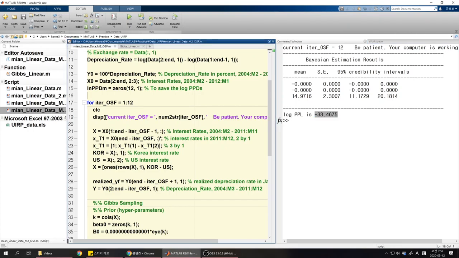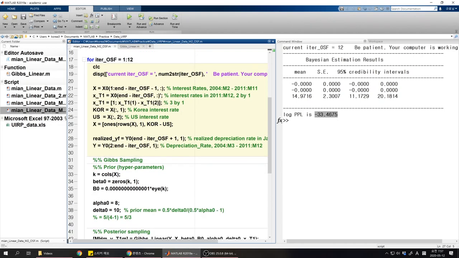So you can see that in forecasting the depreciation rate or exchange rate, the performance of models 1 and 2 is very similar to this very ad hoc model, right? In this model there are no regressors. So even if you use the interest rate as a predictor, it does not improve the predictive accuracy.